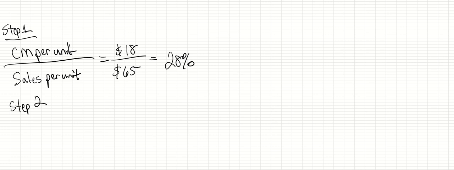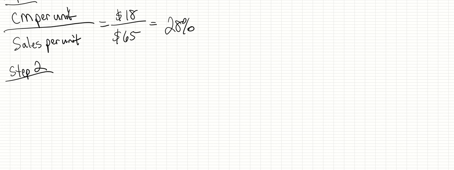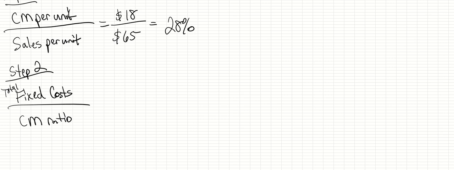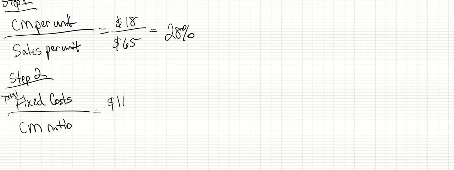Step 2, now we're going to determine what the break even in sales should be. In order to do that, we're going to take our total fixed costs and divide it by the contribution margin ratio, which was completed in step 1. So total fixed costs, $11,200, divided by 0.28, or 28%.